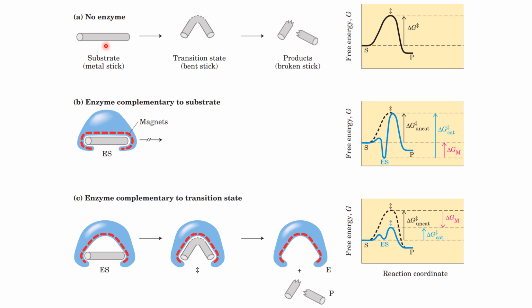So if our substrate is a metal stick and it has to break as a product into two parts, firstly it has to bend, right? It has to change its conformation or shape in a way that it can easily go to those two parts of that stick, right? So this is a transition state.